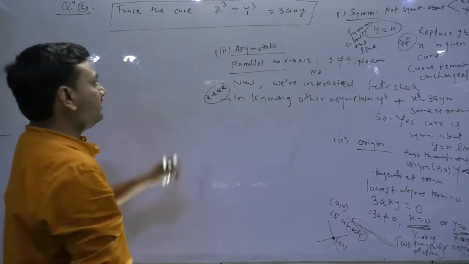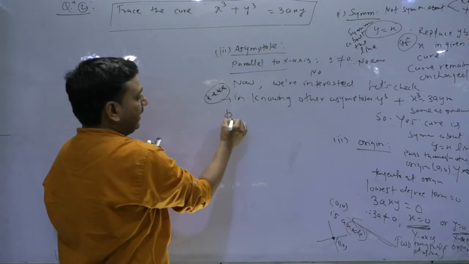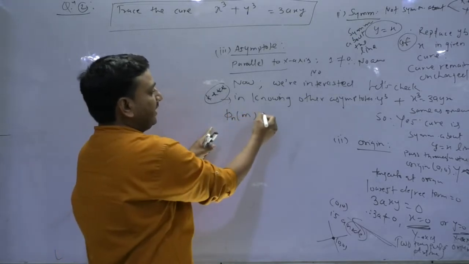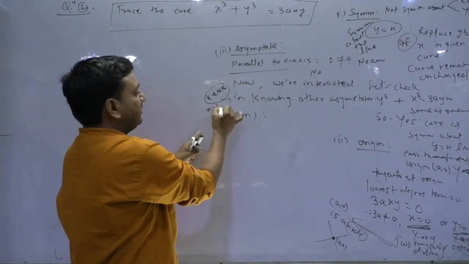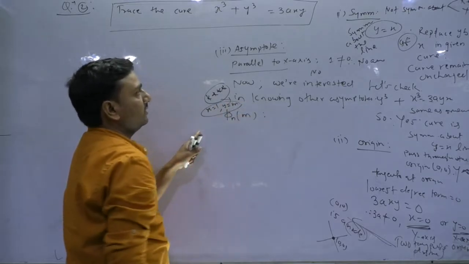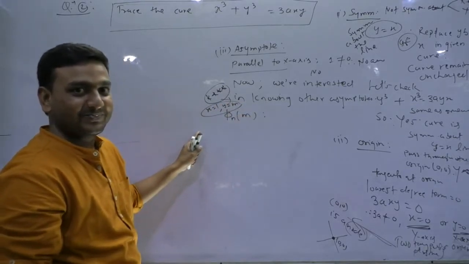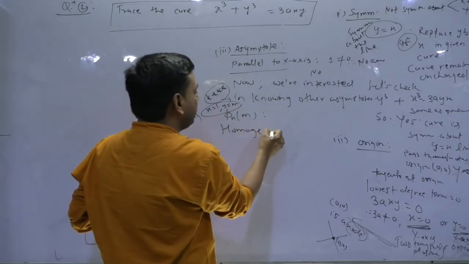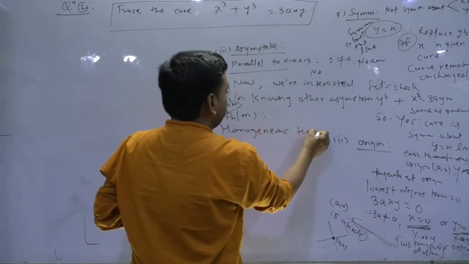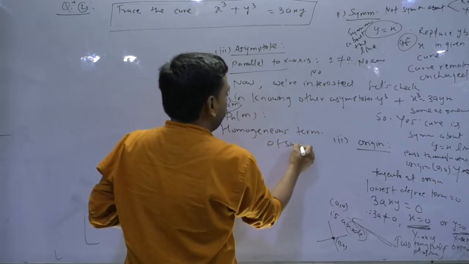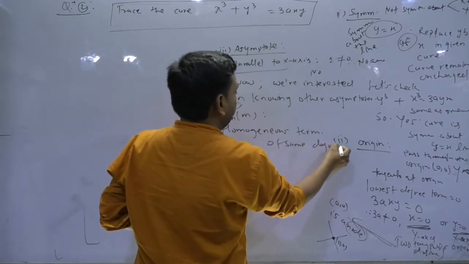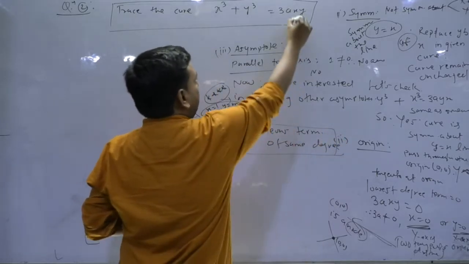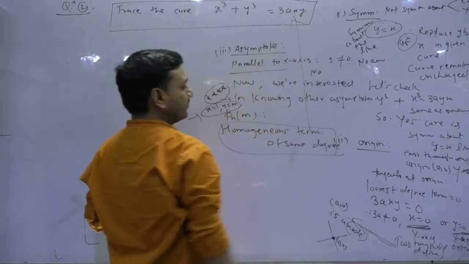What I'll be doing is writing phi n of m. How to get phi n of m? Put x as 1 and y as m. Is it? Homogeneous terms of same degree. Check it out. So does this curve have like this?